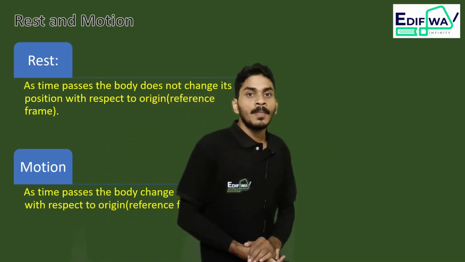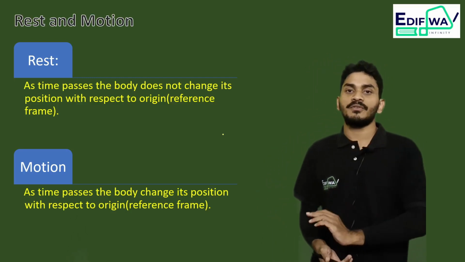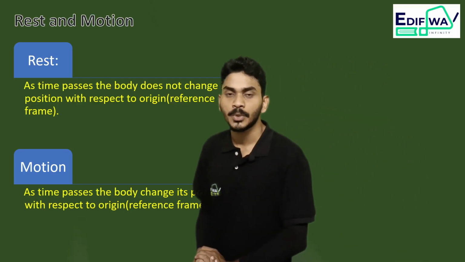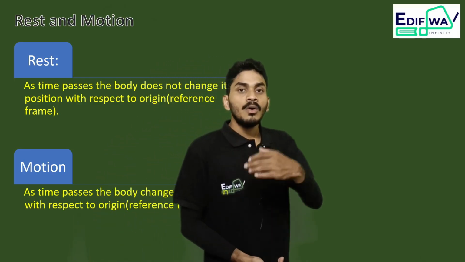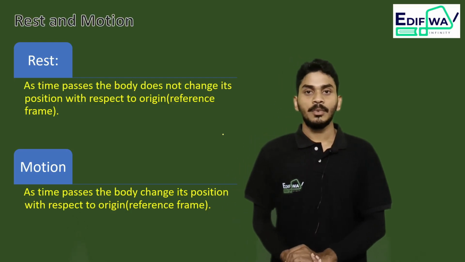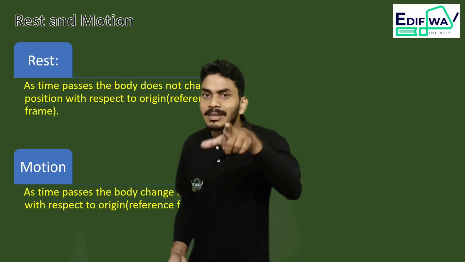Now the next factor, that is origin, or also called the frame of reference. What is meant by that? I'll give you a very simple question: where is your school located? So how will you tell the answer?